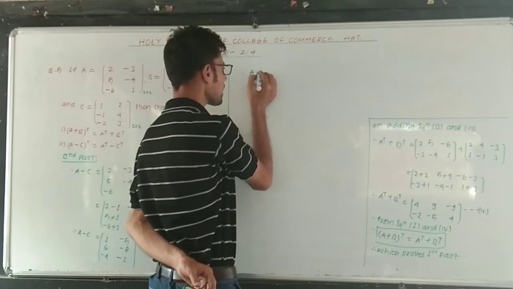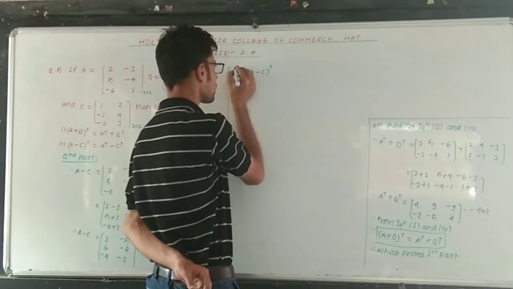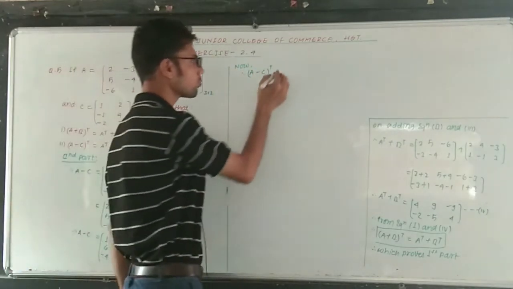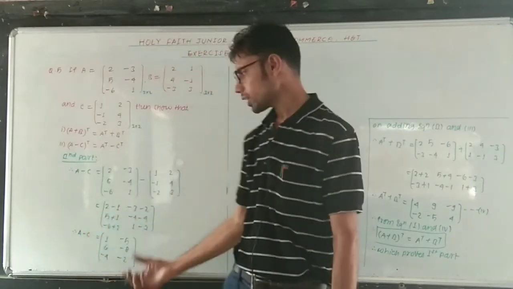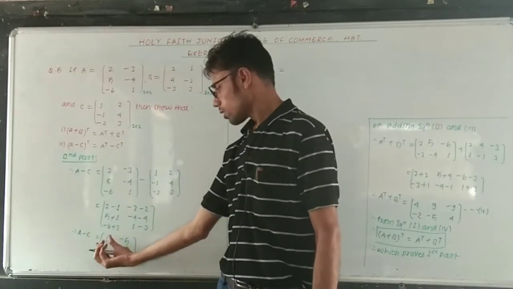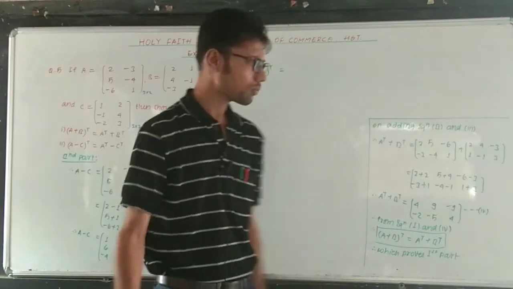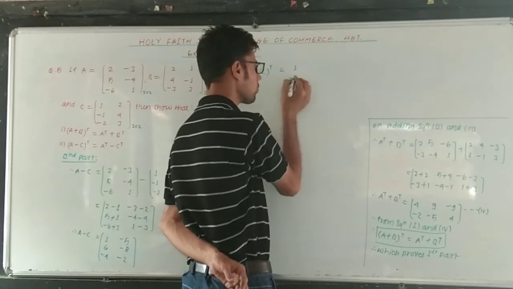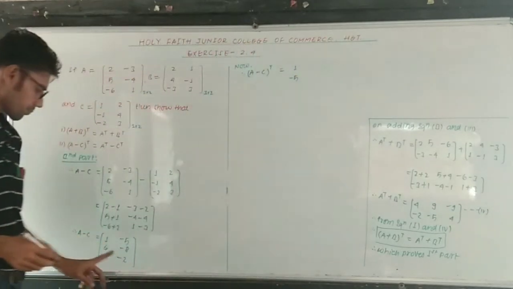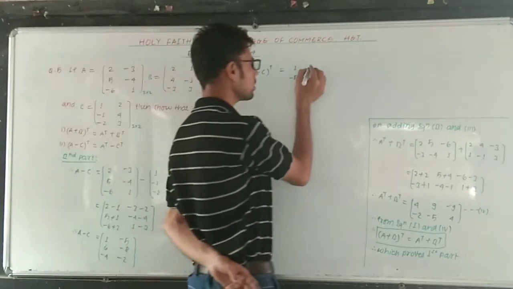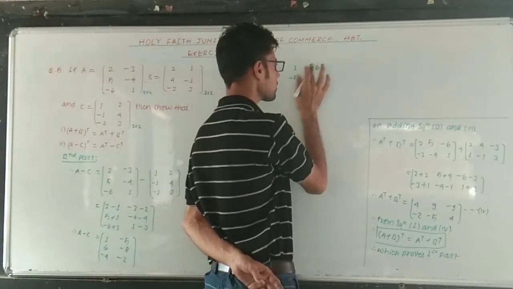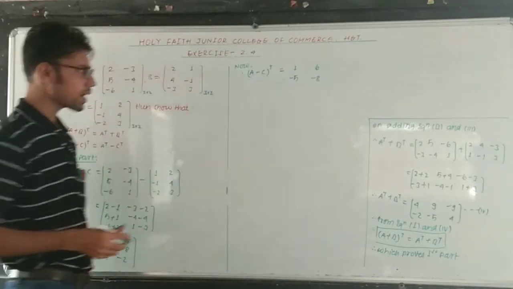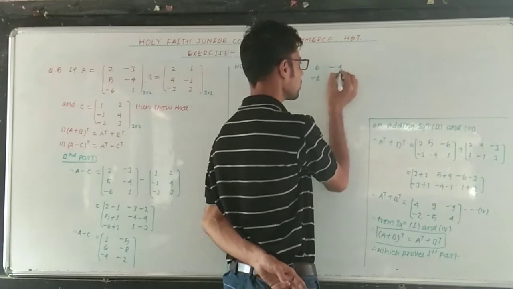Therefore, transpose of A minus C is equal to, we have to convert each row into a column. 1 minus 5 we write down in column 1, after that 6 minus 8 we write down in column 2, and minus 4 minus 2 we write down in the third column.